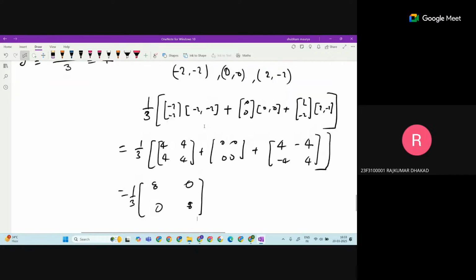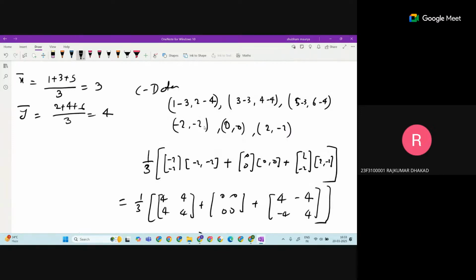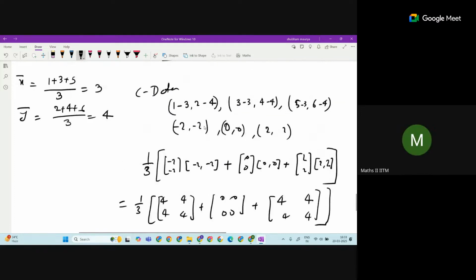The last part should be 2 now. 6 minus 4, so the last vector is 2, 2. Oh, here it is. I just wrote 6 minus 2. So this is 4, 4, 4, 4, so it will be 8. So 8 by 3, 8 by 3. So this is the covariance matrix.